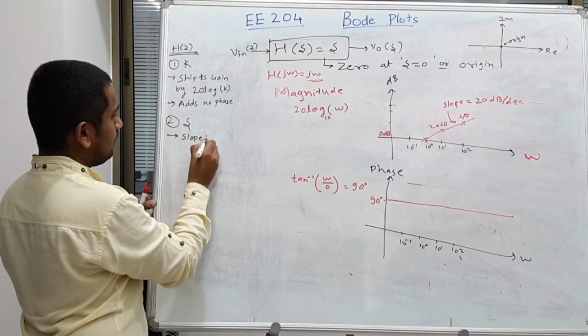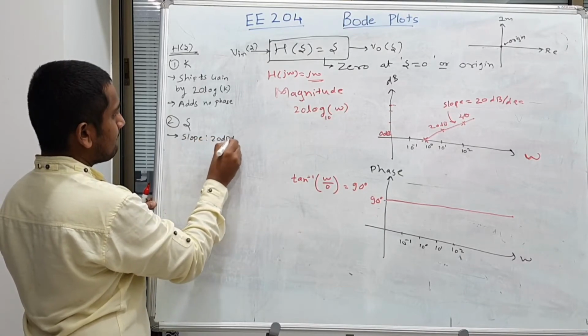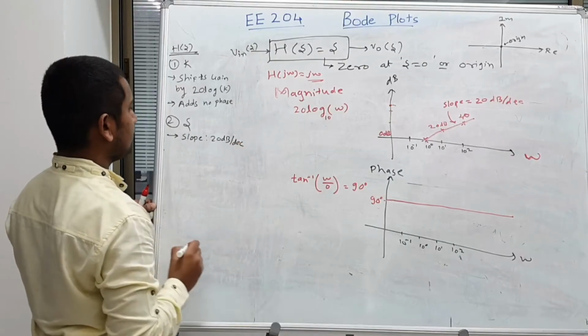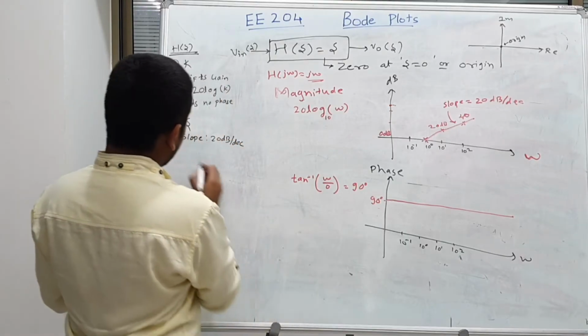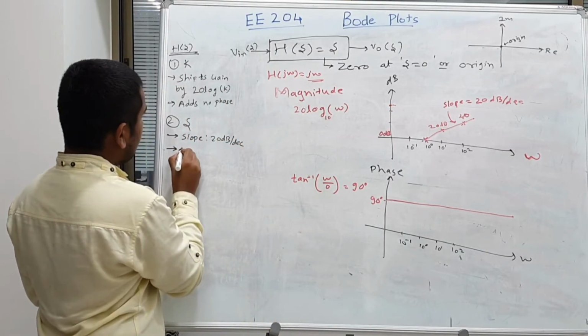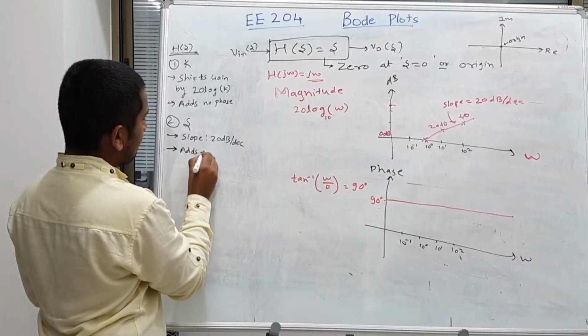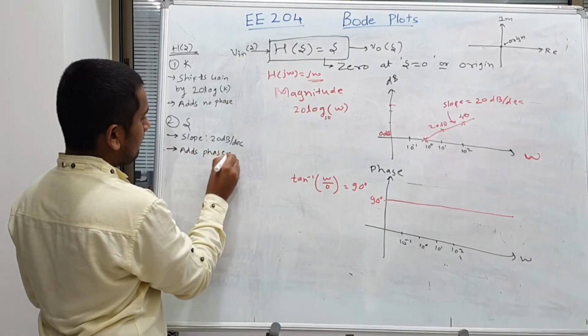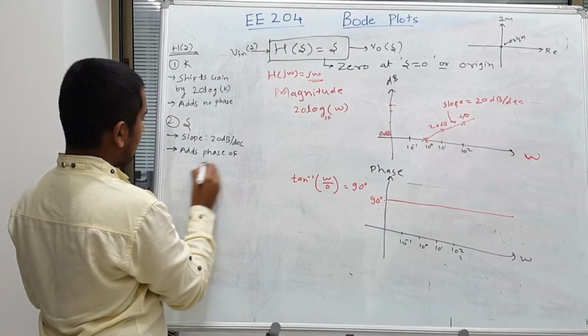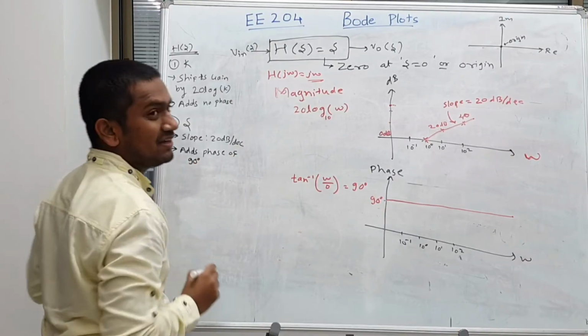So it has a slope of 20 dB per decade. And in the phase plot, it adds a phase of 90 degrees.